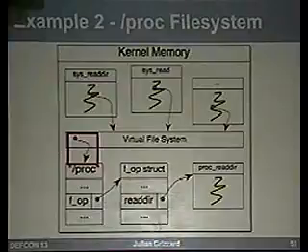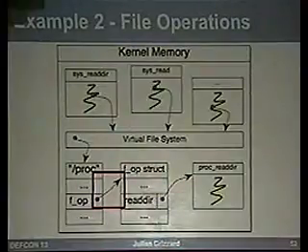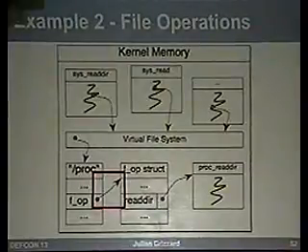For proc, that's a special file system. It indexes into its root structure, and there are a lot of pointers in that root structure. The f_op stands for file operations, I believe, and so for proc, you look up what the file operations are for that file system.